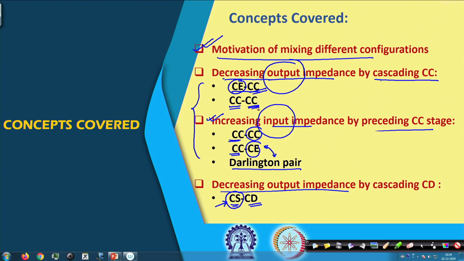On the other hand, for the MOS counterpart, since the input impedance is already high, the improvement is only in the output impedance, to be more precise, decreasing the output impedance.